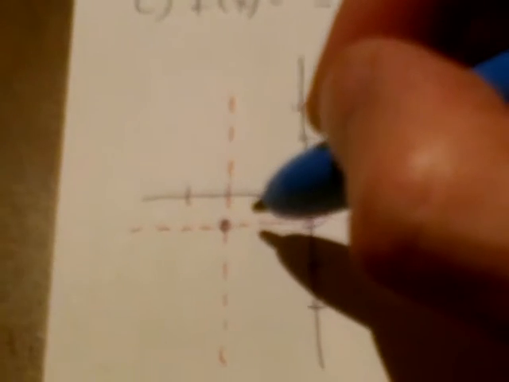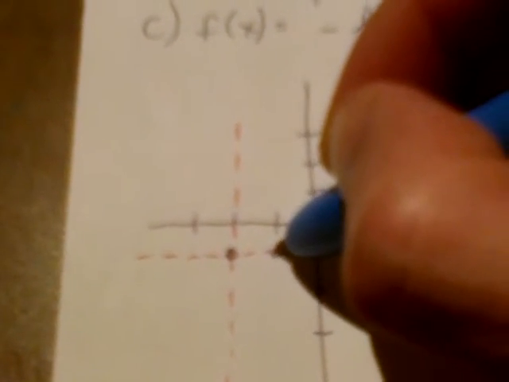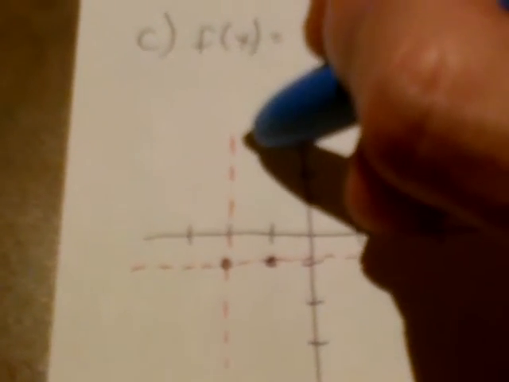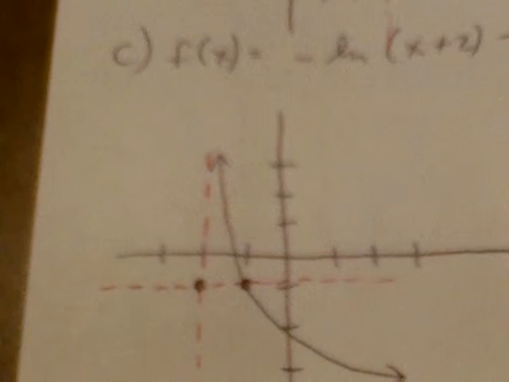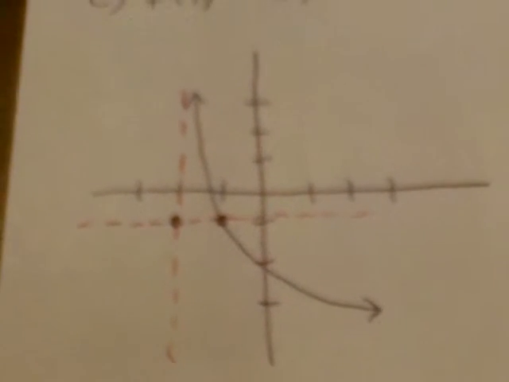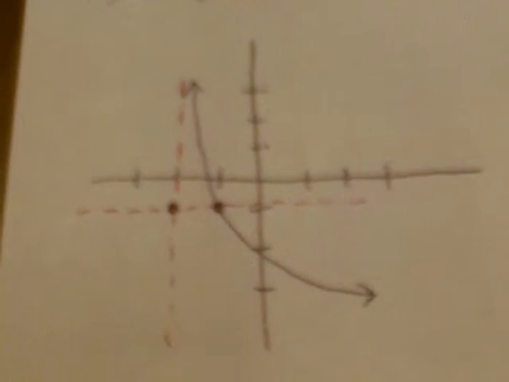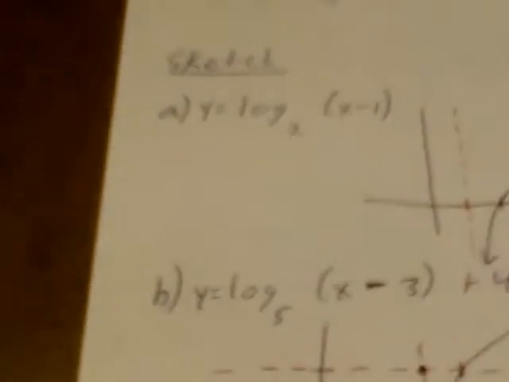Here's our origin. We're going to go one space over from the origin and make sure we go through there. And this time we're going through upside down. And there is our last function that we're going to sketch. And again, this should all be quite familiar to you because we've done these transformations many, many times. Alright, speaking of transformations, I'm going to transform onto the next sheet of paper.